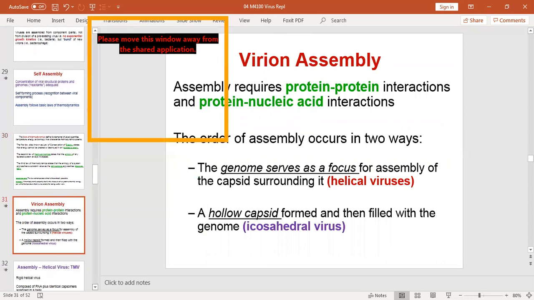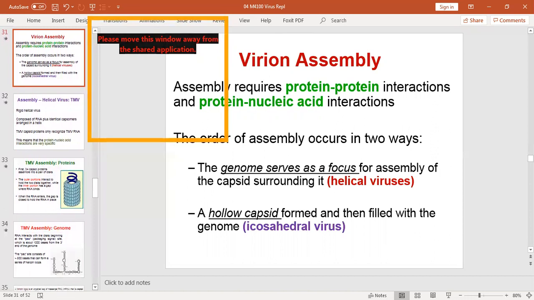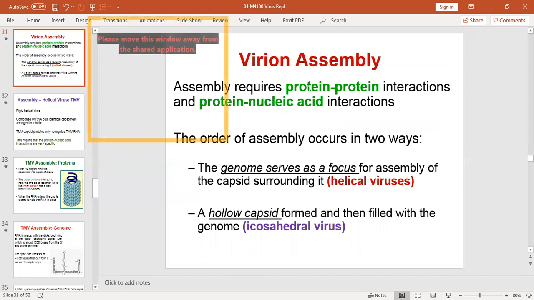Slide number 30, virion assembly. Assembly of the viral particles requires protein and protein-nucleic acid interactions. And these interactions are very, very specific. And the order in which these interactions and assembly happen is via two ways.